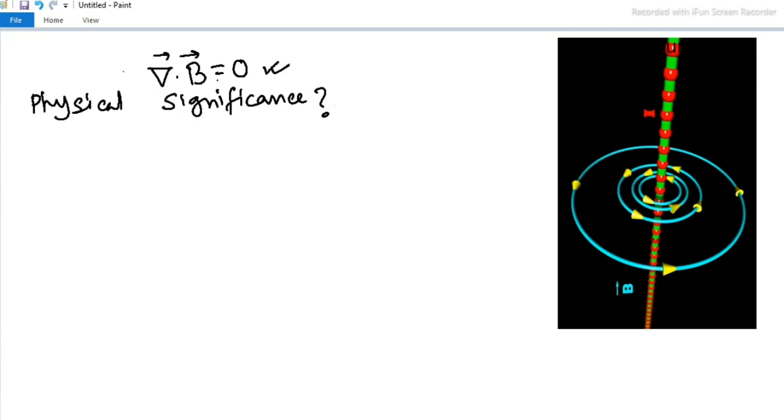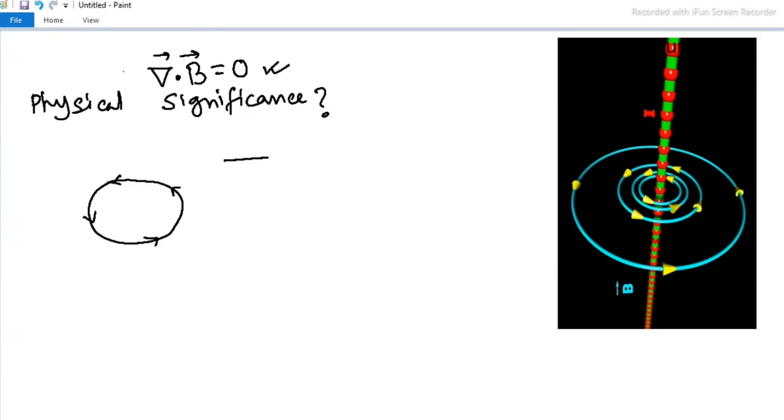As we are finding the divergence of the magnetic field, suppose this is the magnetic field. It always forms a circular loop, and divergence of B being 0 also gives you the information that the magnetic field will always form a circular loop. Now, what exactly does divergence mean?